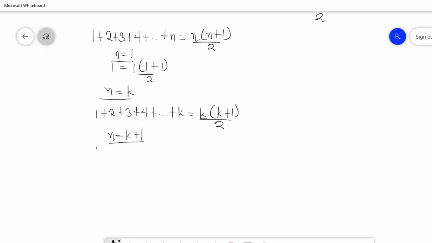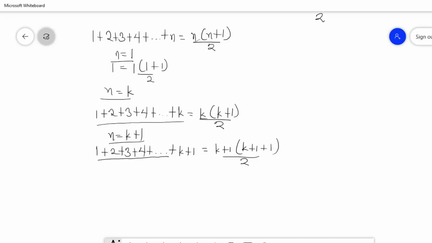So we shall have 1 plus 2 plus 3 plus 4 plus sequence members plus k plus 1, giving us the expression k plus 1 multiplying k plus 1 plus 1 all divided by 2. Now this is quite similar to the very first example we did. Here you can see that the sum of entries up until k is contained also in this sum of entries up before k plus 1.